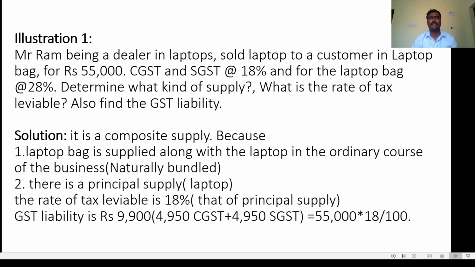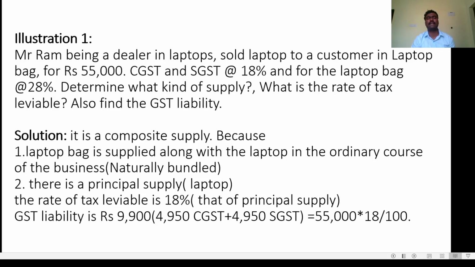We can also see there is a principal or predominant or main product which is supplied here, that is the laptop, and the laptop bag is a subsidiary or ancillary product. Since it is a composite supply, we cannot separately sell these two products. So we can see it is a naturally bundled supply.